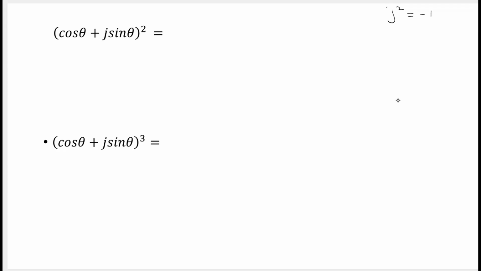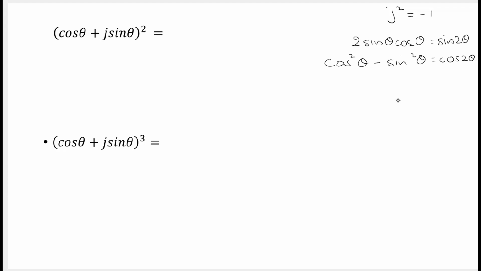Remember also that 2 sine theta cos theta equals sine 2 theta, and that cos squared theta minus sine squared theta equals cos 2 theta. Okay, so we need to remember those facts there.